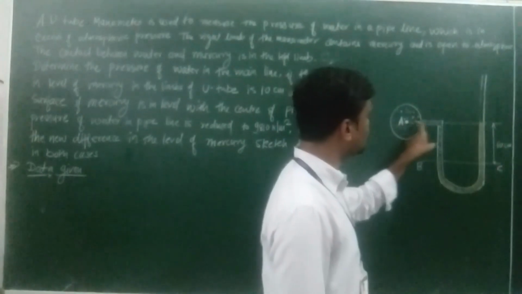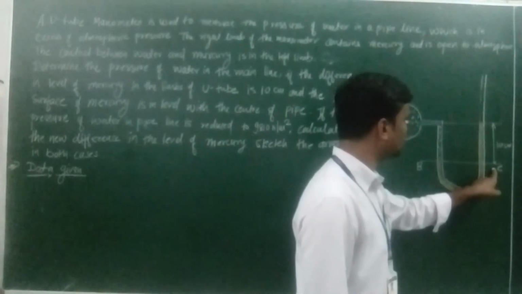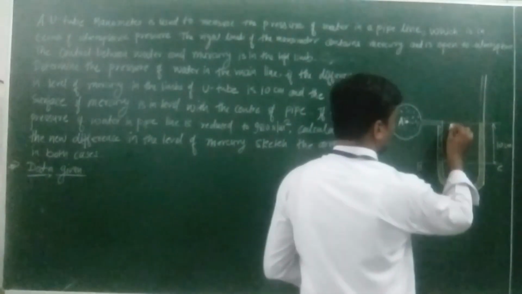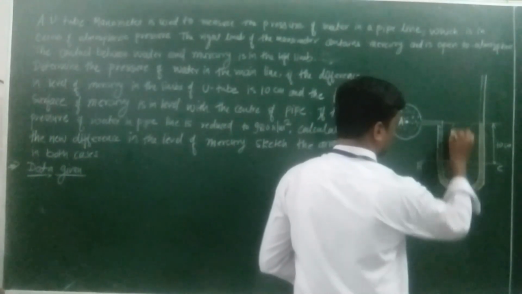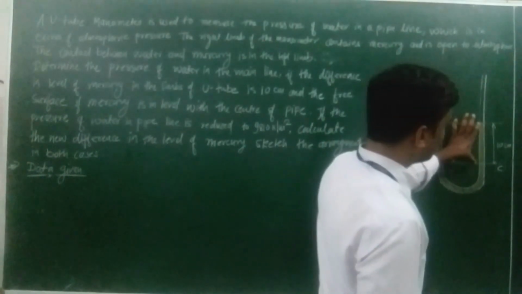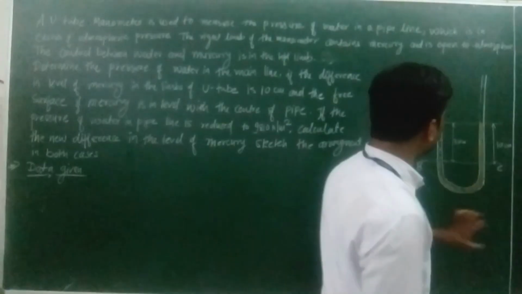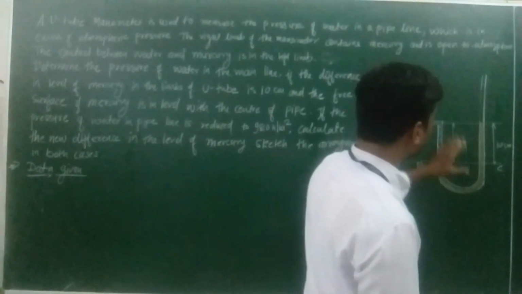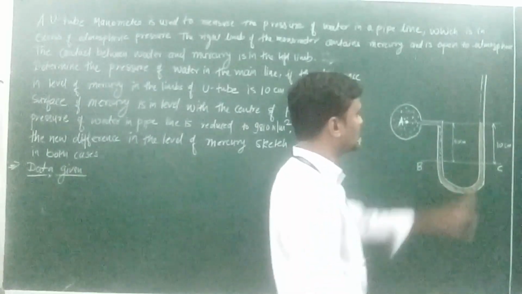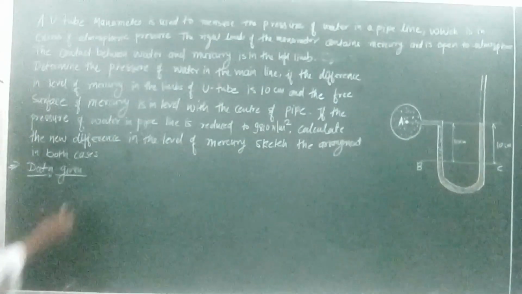This distance from the datum line is 10 centimeter. So again this distance is also 10 centimeter, meaning the mercury level distance is again 10 centimeter, and the height of water above the datum from the center of the pipe is again 10 centimeter. So this is the first case which is given.